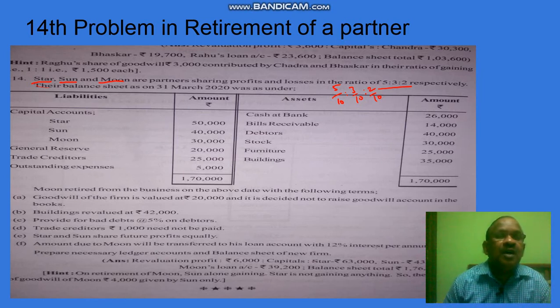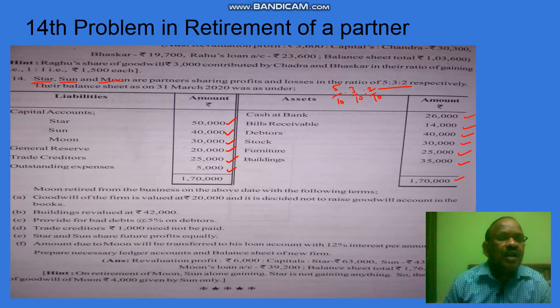Capital accounts: Star is 50,000, Sun is 40,000, Moon is 30,000, general reserve 20,000, trade creditors 25,000, outstanding expenses 5,000. On the asset side, cash at bank is 26,000, bills receivable is 14,000, debtors is 40,000, stock 30,000, furniture 25,000, buildings 35,000. Totals of both sides are 1,70,000.